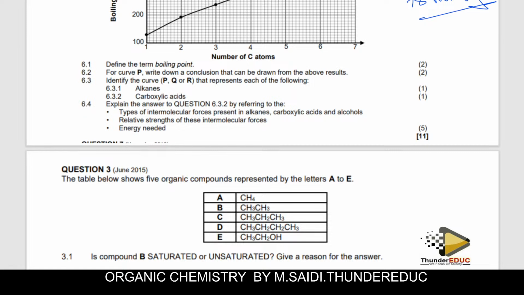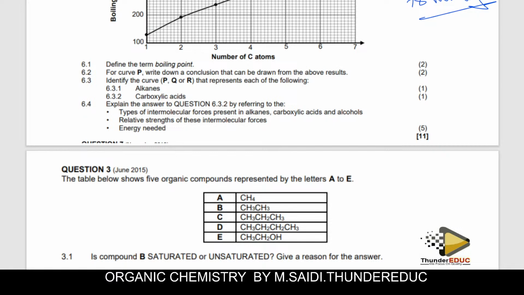Hence, the intermolecular forces of attraction for carboxylic acids are greater than alkane and alcohols. Hence, it will require more energy to break these intermolecular forces so that these compounds can move freely. So basically, that's how you can explain it.